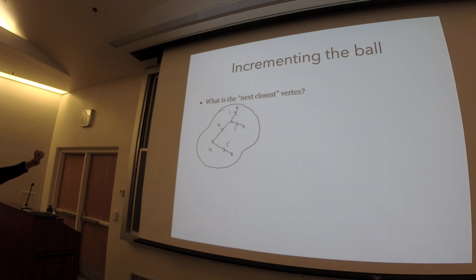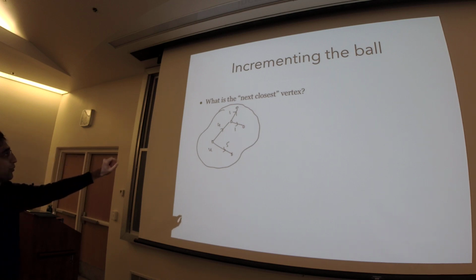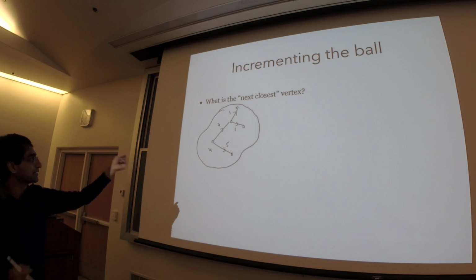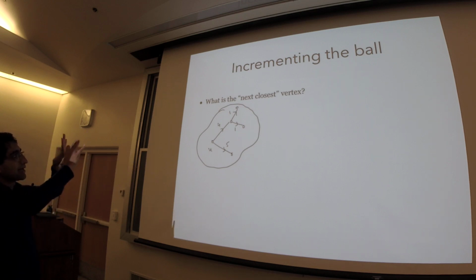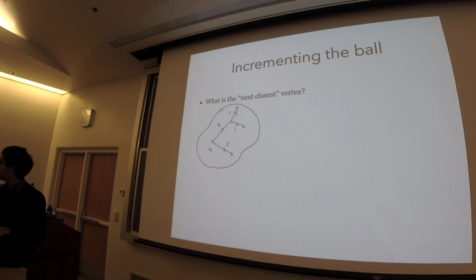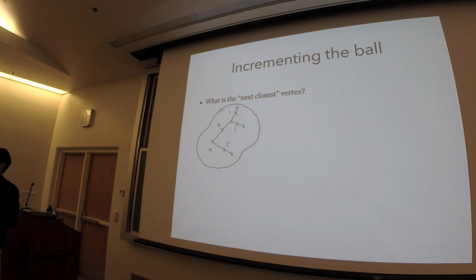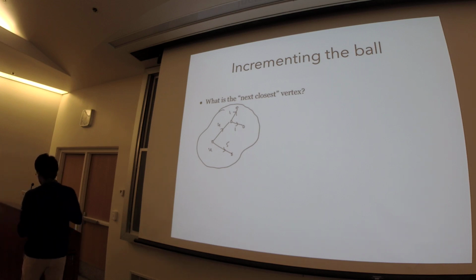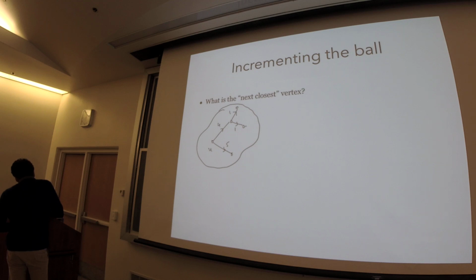So now, suppose I ask you, what is the next closest vertex? So think of slightly enlarging this ball to include one more vertex. Now, is there an easy way to find that vertex? Yeah, it would be just the minimum edge coming out of the ball. So what his suggestion is, look at the minimum edge that's coming out of the ball.